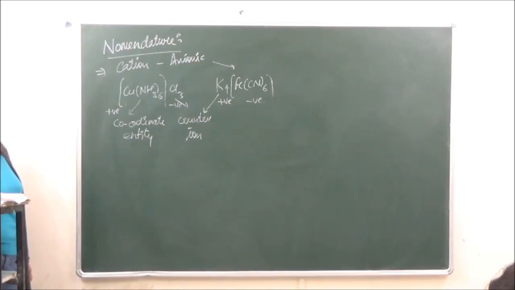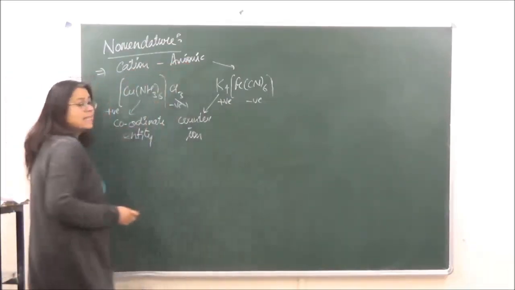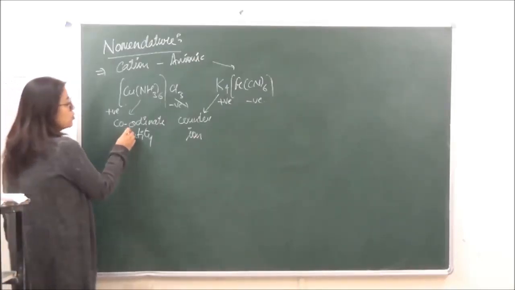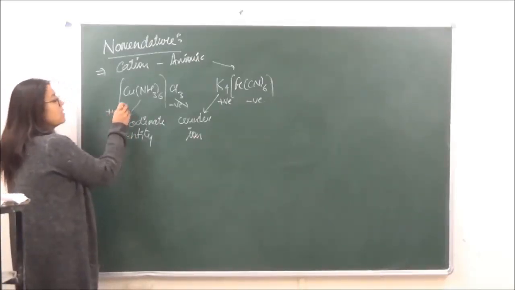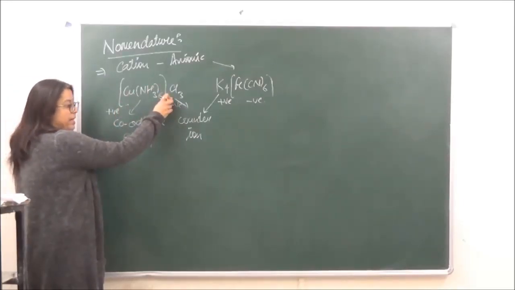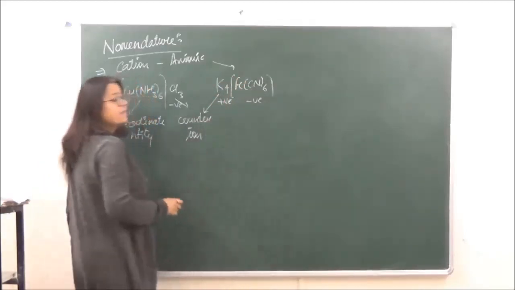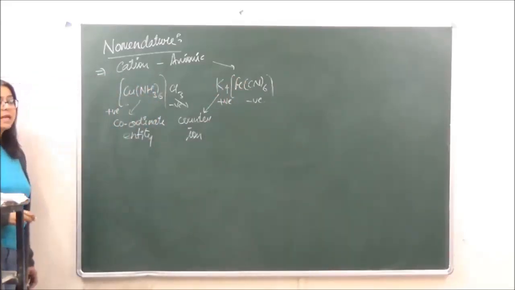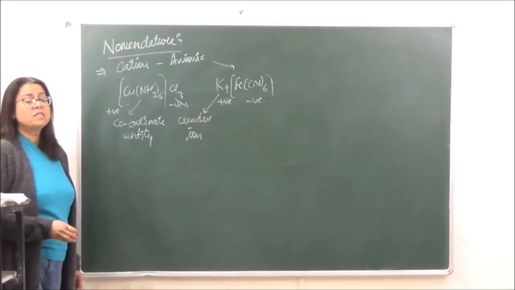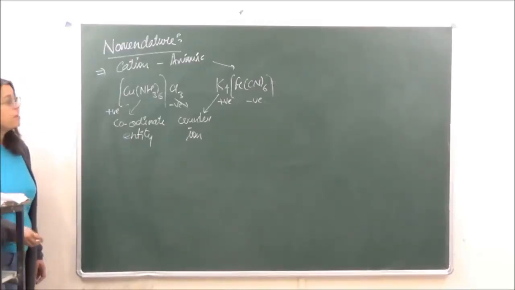So whatever the case may be, always the name of the cation is going to come first and the name of the anion is going to come second. So over here also, this is a cationic species. We will first name the coordinate entity, then we will name the counter ion. Over here, we will first name the counter ion and then we will name the coordinate entity. In both the cases, the name of the central metal ion, you will see, is going to have a different nomenclature.